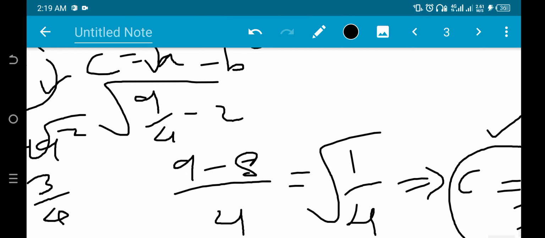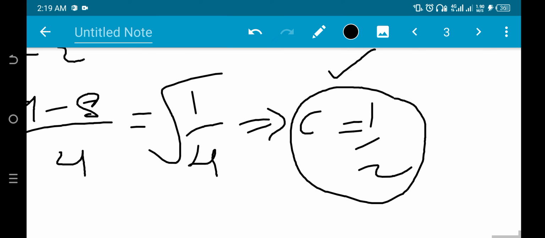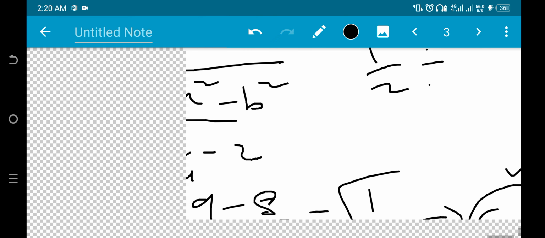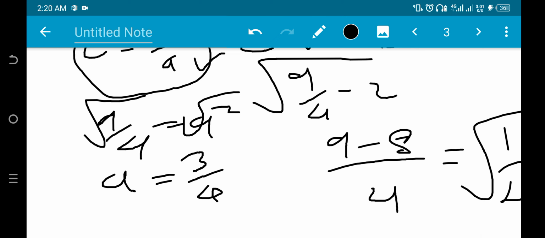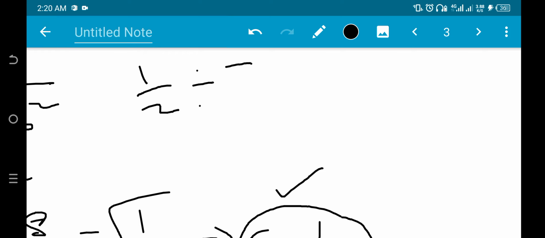So in our c is 1 over 2. Then this is divided by our a, which is 3 over 2. Sorry for this, this is supposed to be 3 over 2. The root of 4 is supposed to be 3 over 2 divided by 3 over 2.